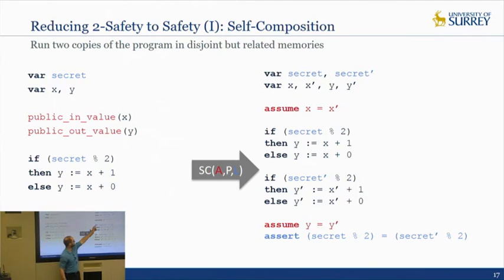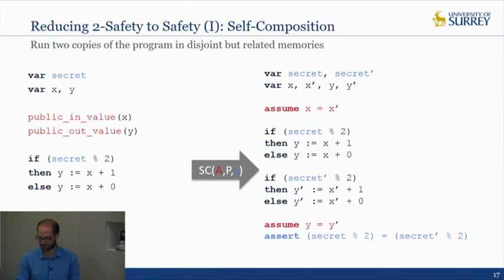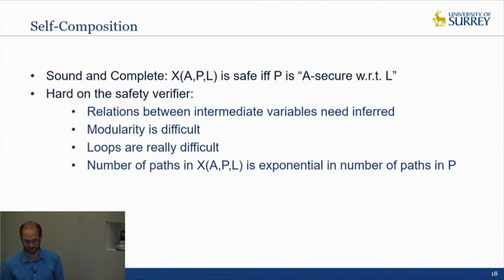So here your leakage trace is just the parity of the secret and parity of secret prime, and you're asserting that they're equal. So that's one transformation, and it's been shown back in the early 80s to be sound and complete.